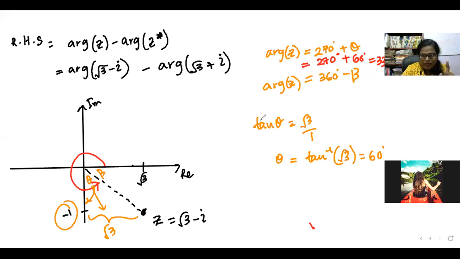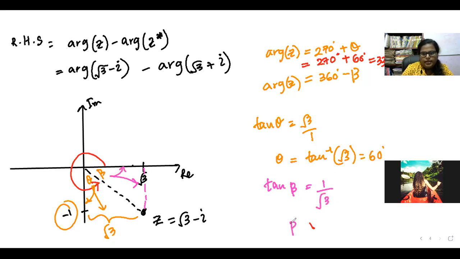Someone can use the beta angle as well. Just use one angle; you do not need to do your results like this. I just use this beta angle also to show you that the same answer comes. So tan beta is the opposite side, which is 1, divided by the adjacent side, which is square root 3.